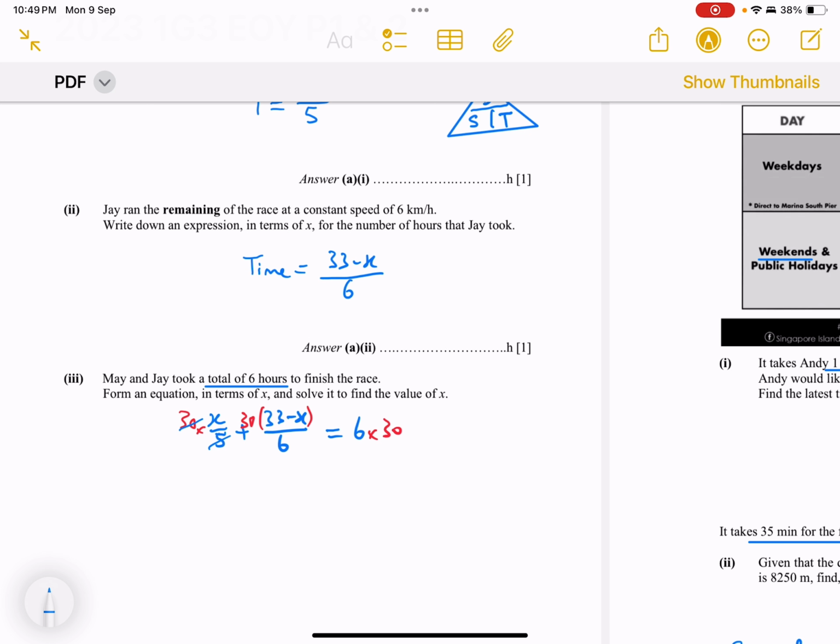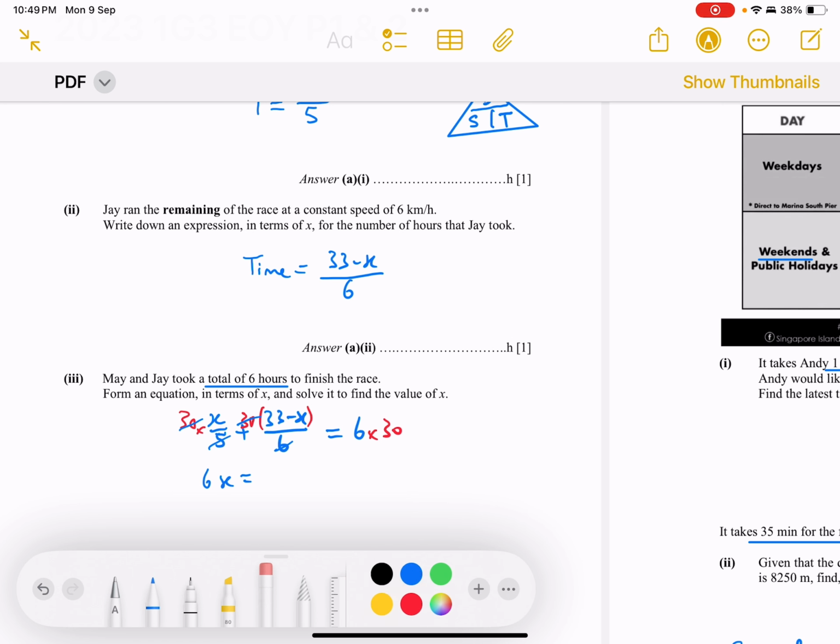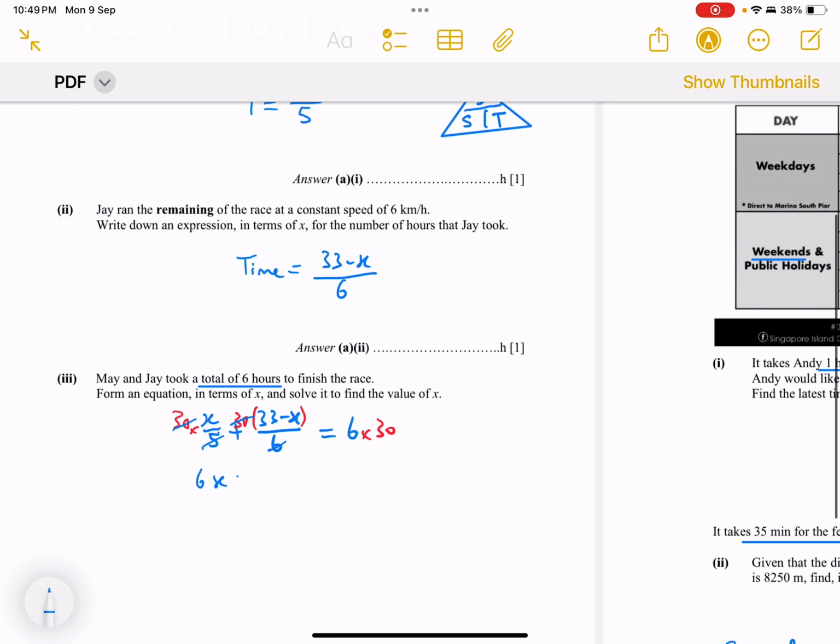So we cancel, we have 6x, we cancel, and this is 5. And this is 180. Right? So that will give us, when we simplify it, x plus 165 equals 180, and x is 15.